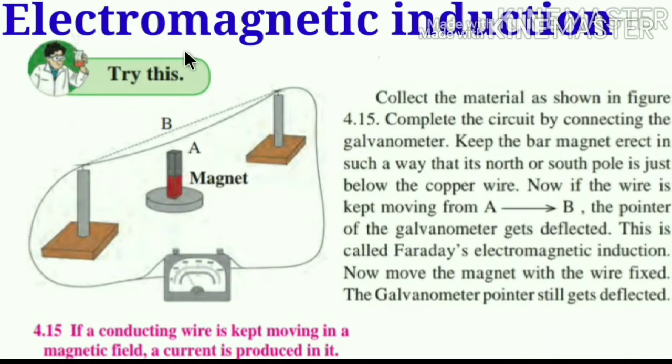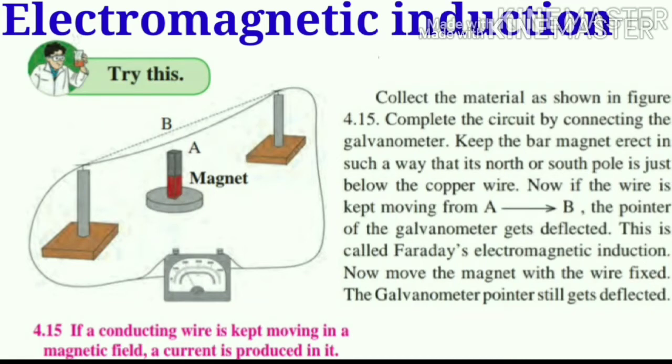Next point, electromagnetic induction. In the previous section we studied the electric motor. If we keep an electric conductor in a magnetic field such that the direction of the current flowing through the conductor is perpendicular to the magnetic field, then a force is exerted on the conductor.